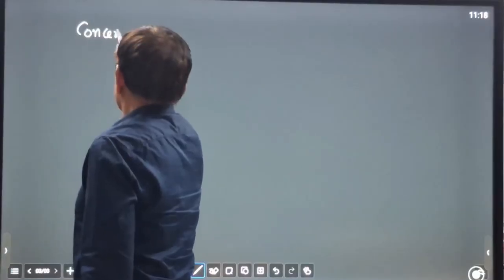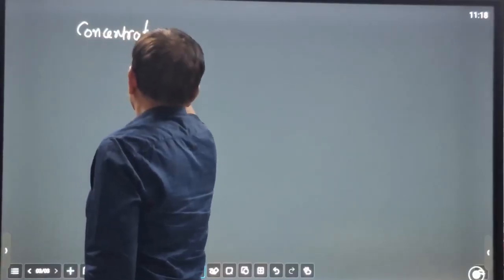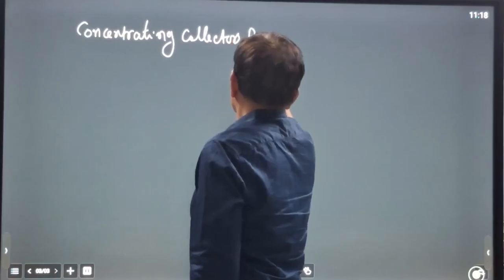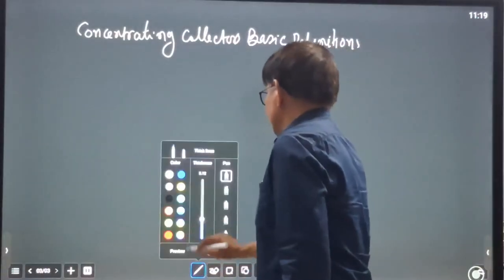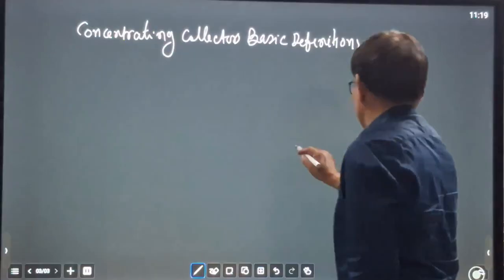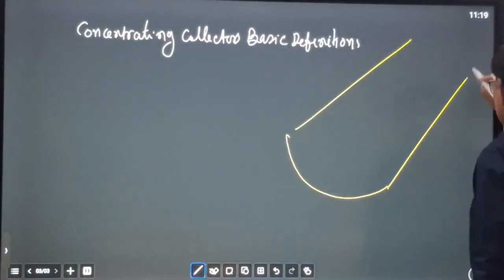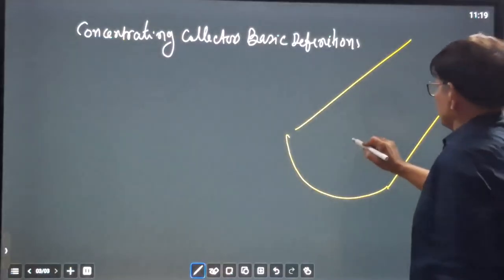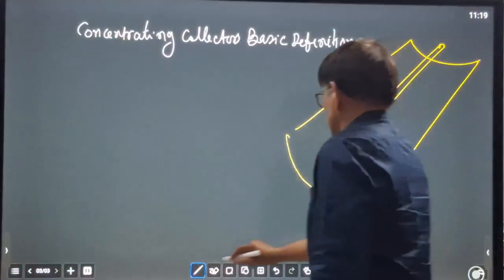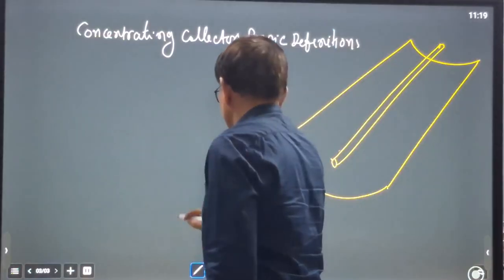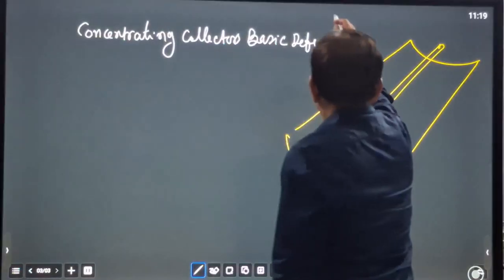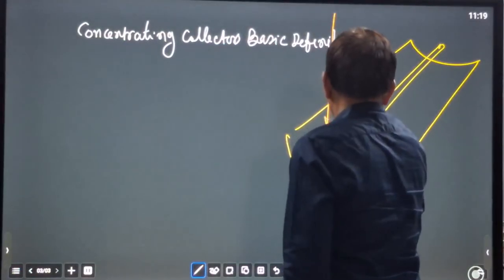Basic definitions. Let us draw one line drawing here. This is a concentrating collector, cylindrical parabolic type, and there is a tube, and radiations are coming like this and focusing here.